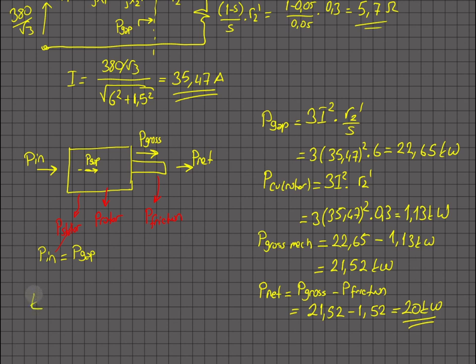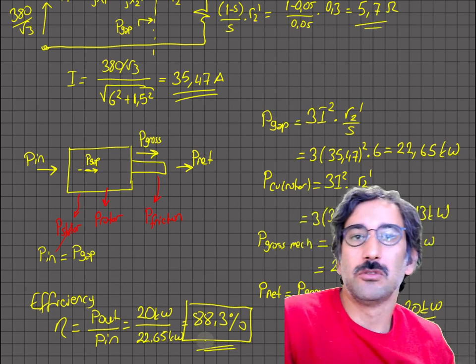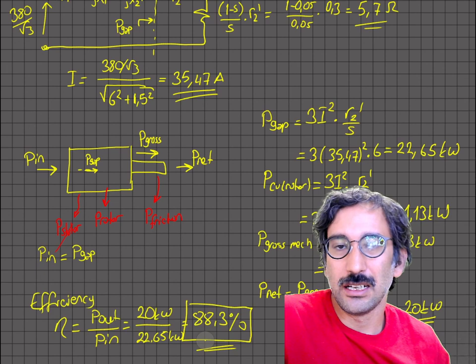So efficiency can be written as output power divided by input power, and 20 kilowatts divided by 22.65 kilowatts is 88.3%.